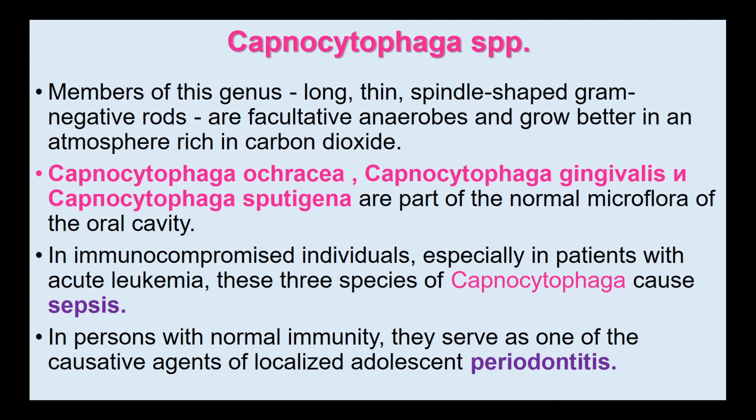The more famous species which can cause periodontitis are Capnocytophaga ochracea, Capnocytophaga gingivalis, and Capnocytophaga sputigena. Capnocytophaga is usually part of the normal flora of the oral cavity, but during suppression of the immune system, especially in patients with leukemia, Capnocytophaga can cause sepsis.